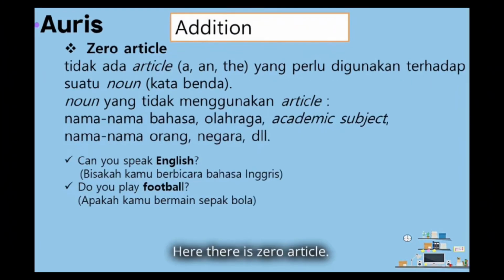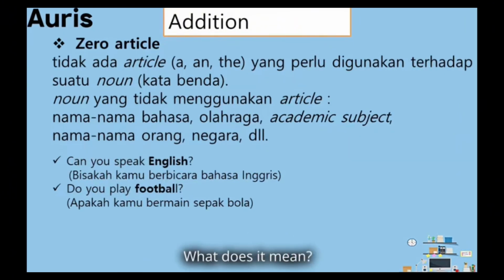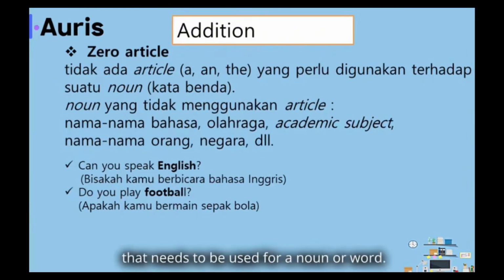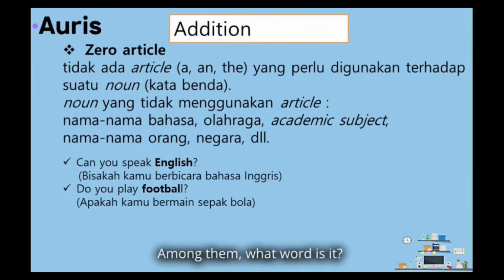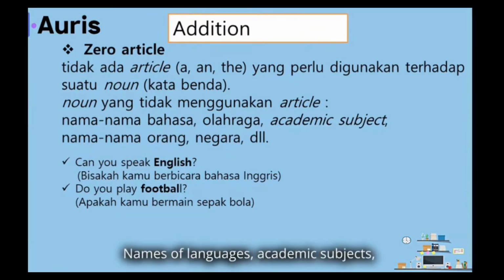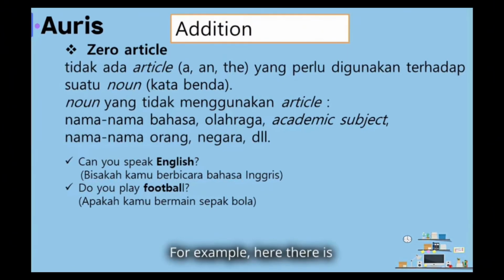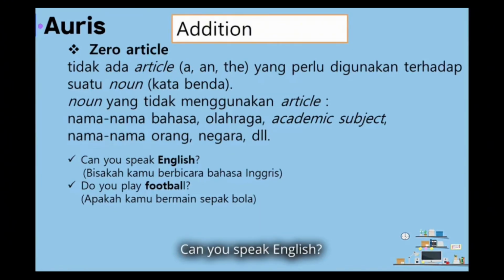In addition, there is the zero article. What does it mean? There is no article that needs to be used for certain words. Among them, what words are they? Names of languages, academic subjects, people's names, and countries. For example, can you speak English?